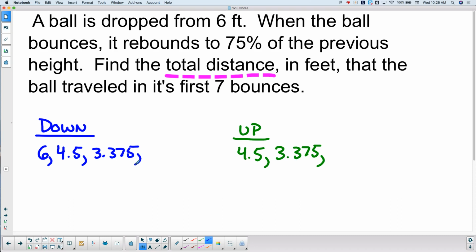So how many sums do we have to find? One method: we have to find the sum of the downs and the sum of the ups and add them together.